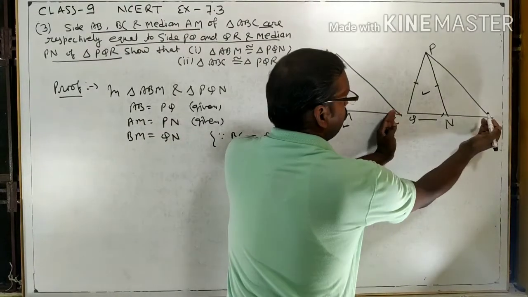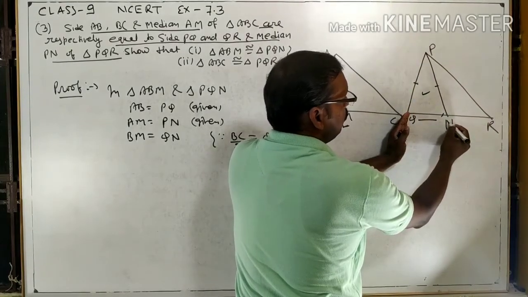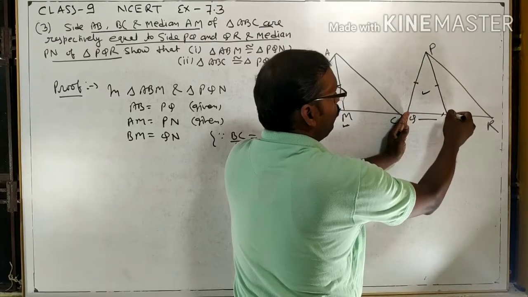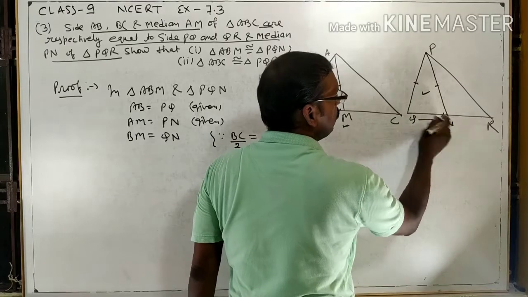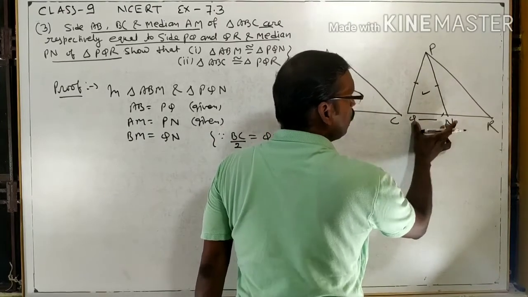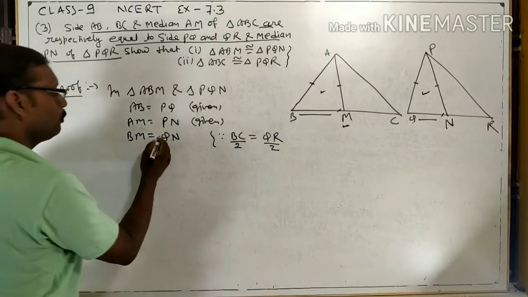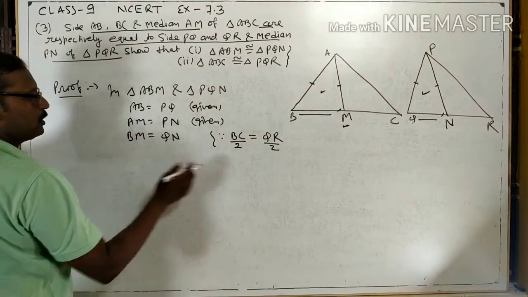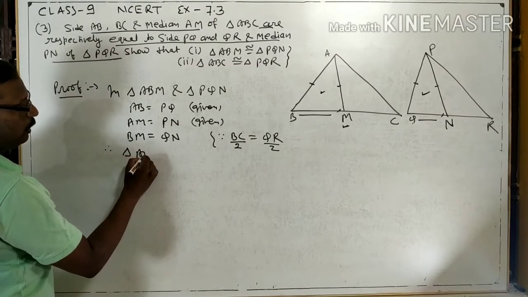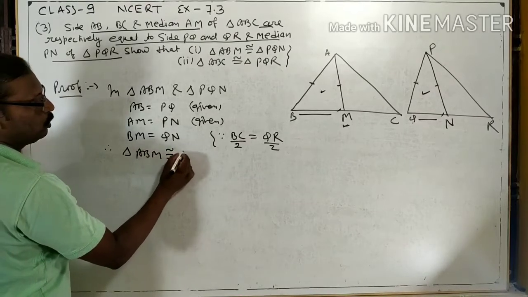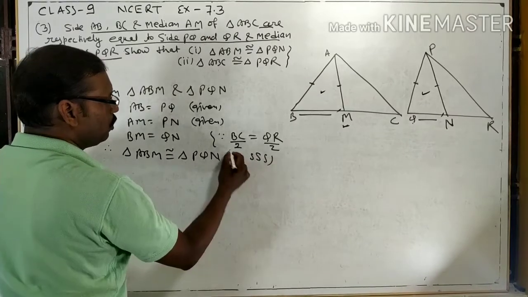Remember it. And half of QR is QN because PN is a median, so N is the midpoint. Median means a line joining a vertex to the midpoint of the opposite side. So BM equal to QN. Therefore triangle ABM congruent to triangle PQN by SSS congruency criteria.